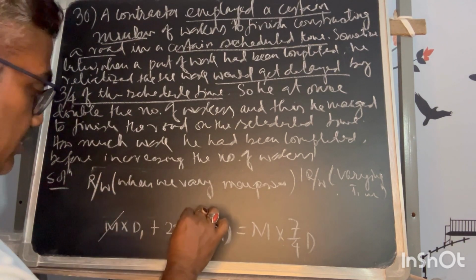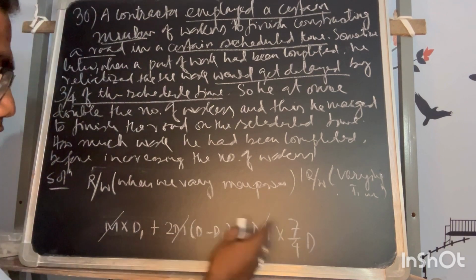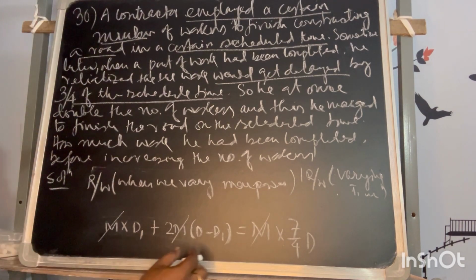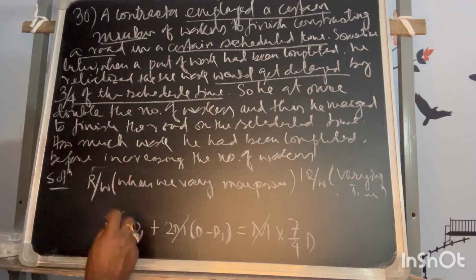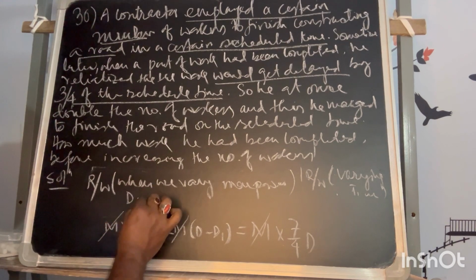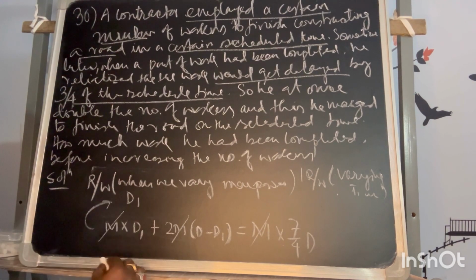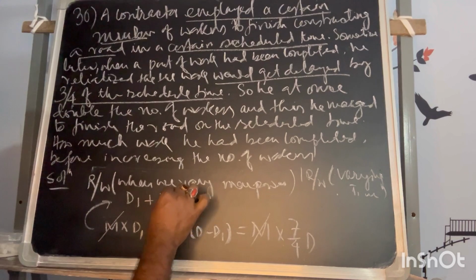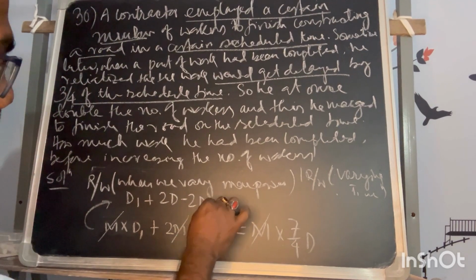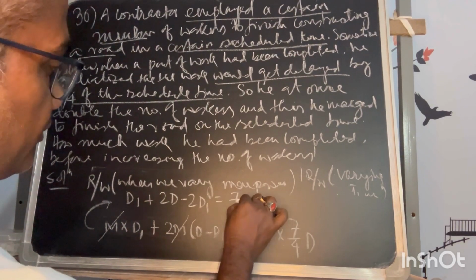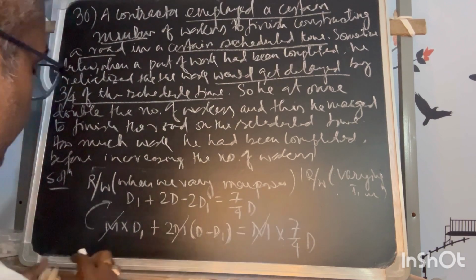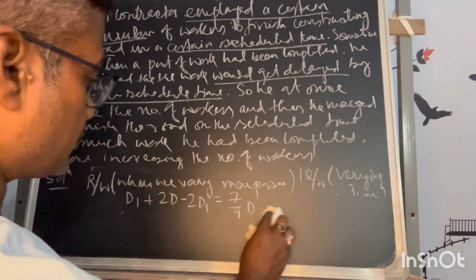So I will remove all m because everything is multiplied the same way on the left and the right hand side. So this is D1, I am putting it here, D1 plus 2D minus 2D1 is equal to 7/4 D. Okay.